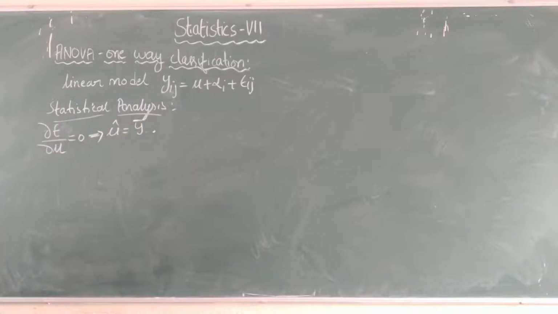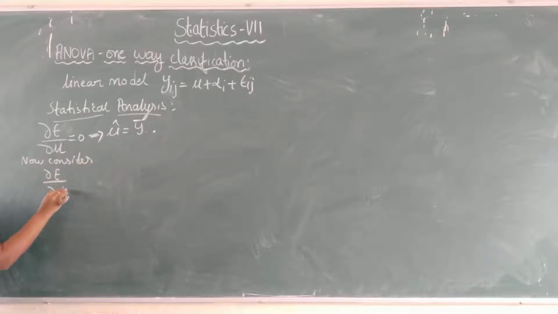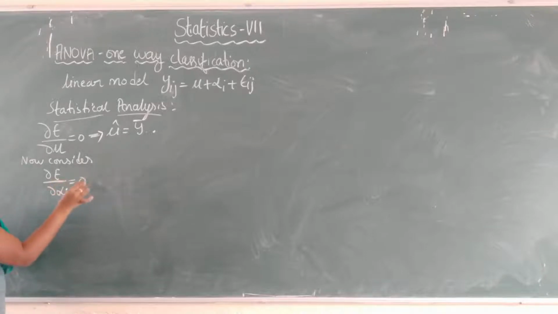This is the estimated mean value we got from the first normal equation. Now we have to differentiate partially with respect to alpha i, the next parameter, and equate it to 0.